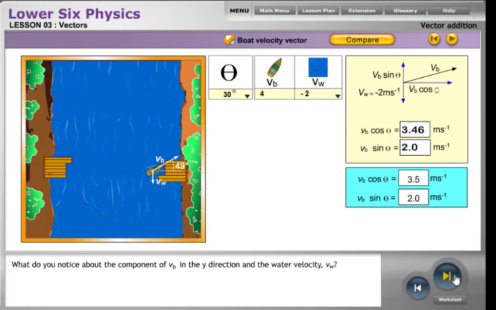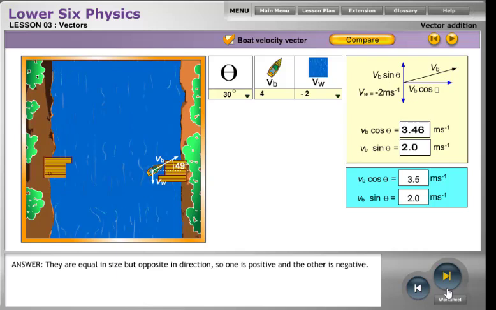What do you notice about the component of Vb in the y direction and the water velocity Vw? Answer: they are equal in size but opposite in direction. So one is positive and the other is negative.